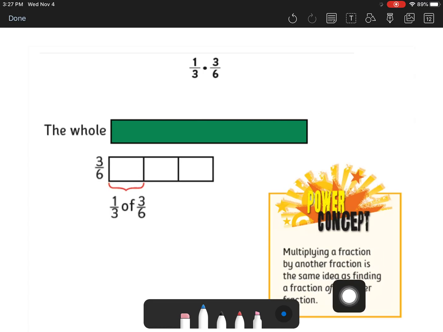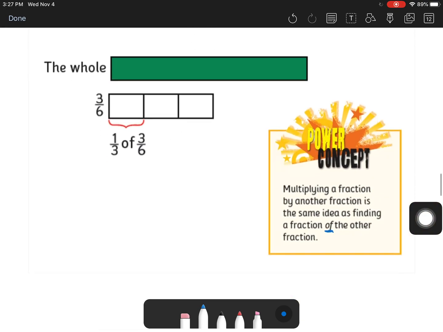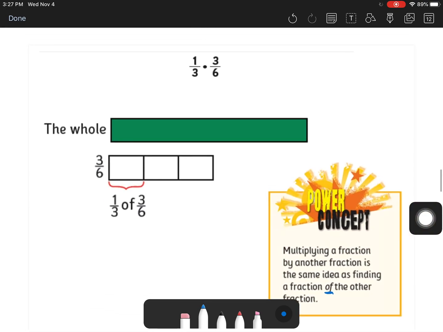Okay. Now, the way that they're going to give us a visual here is thinking of multiplying a fraction by another as the same idea as finding a fraction of the other fraction. So what they mean is, if I was taking 1/3 of 3/6, or times 3/6, it's like saying of. So if this was the whole and we broke it into 6 equal parts, we have something like this.